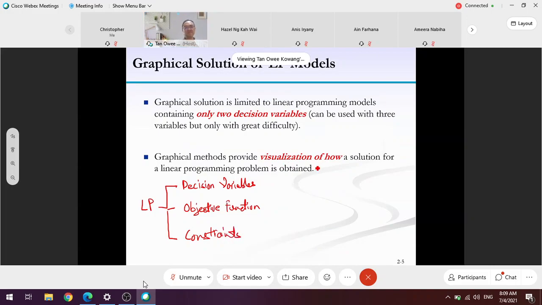Developing or solving linear programming using graphical methods. What is a graph? I'm not going to take you through what a graph is, how to draw or plot a graph, because you have learned it since secondary school or even primary school.